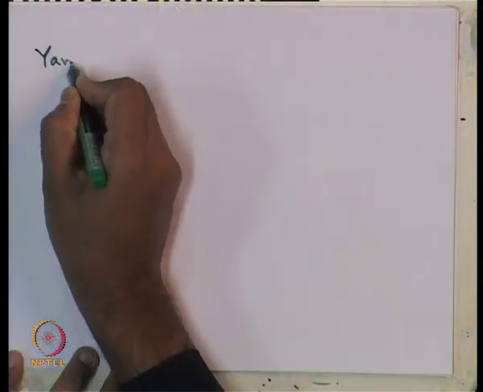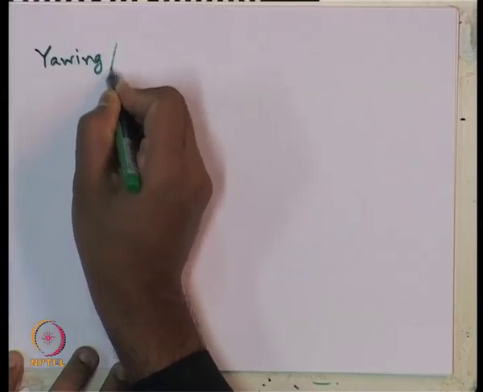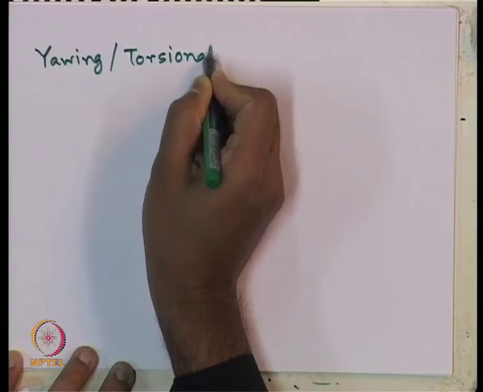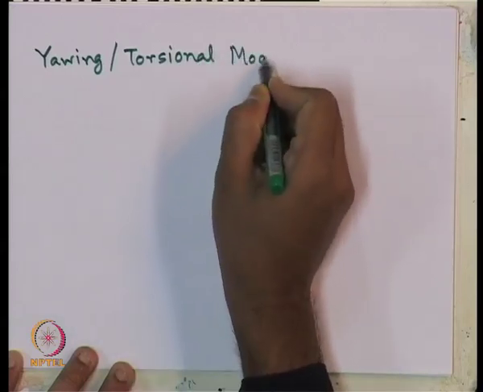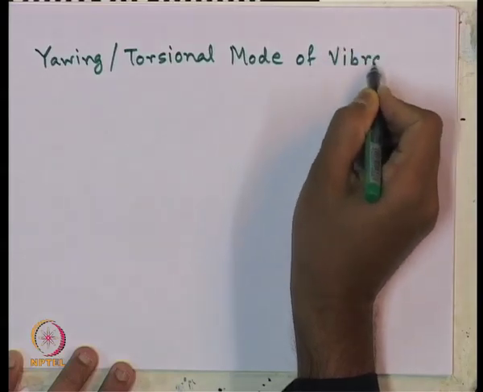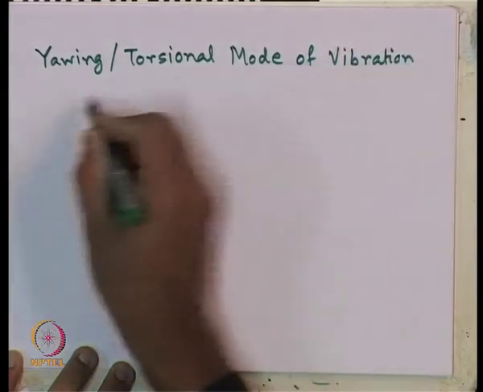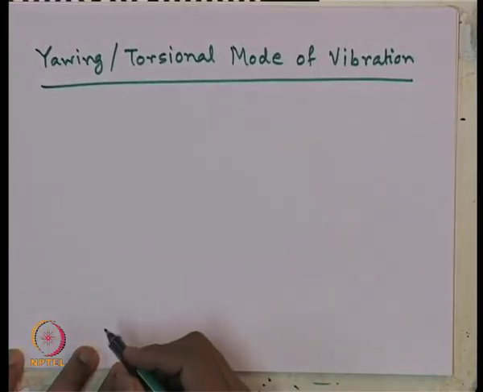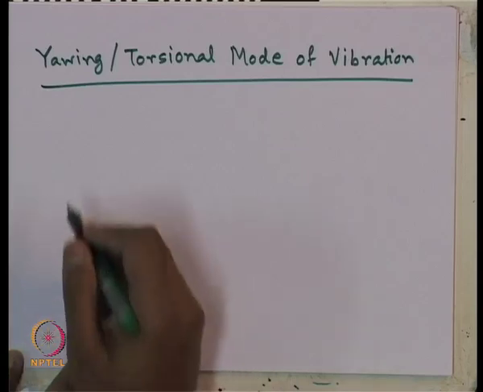Now, let us come to the next mode of vibration, that is yawing or torsional mode of vibration. For torsional mode of vibration, the first step again is to calculate the equivalent radius, R naught.